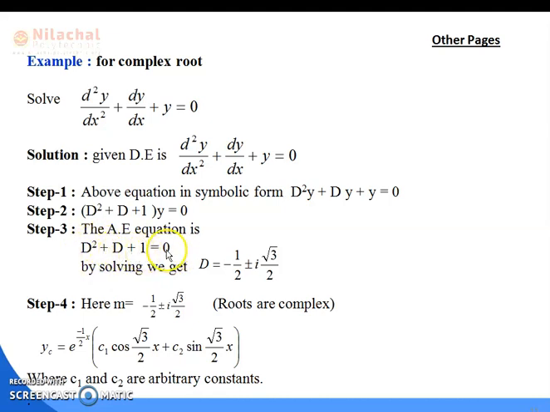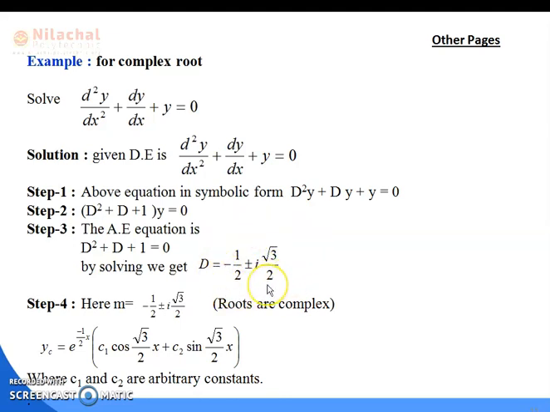For such a quadratic equation, we use the Sridhar-Acharya formula, that is x equals to minus b plus minus under root b square minus 4ac by 2a. And here a is 1, b is 1, c is 1. After substituting the values of a, b, c in the formula, we are getting D equals to minus 1 by 2 plus minus i into root 3 by 2.